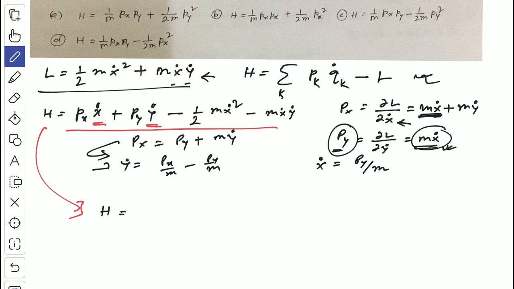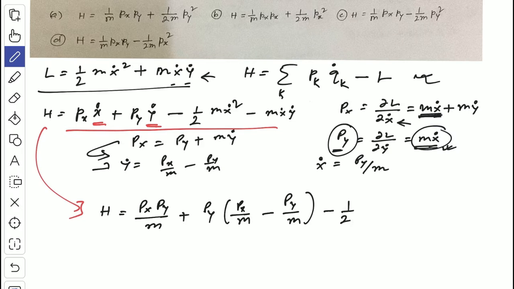H is equal to p_x p_y by m plus p_y into p_x by m minus p_y by m, minus half p_y into p_y by m, minus p_y into p_x by m minus p_y by m. We will get this.